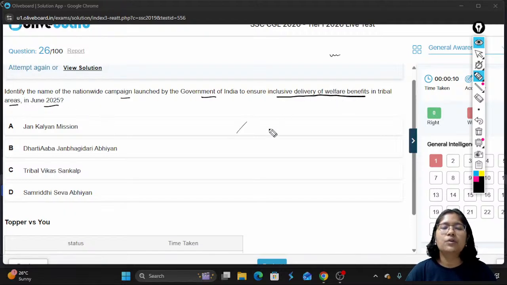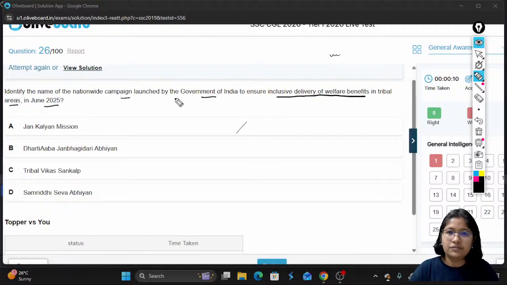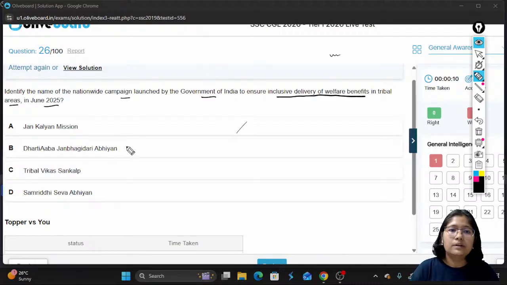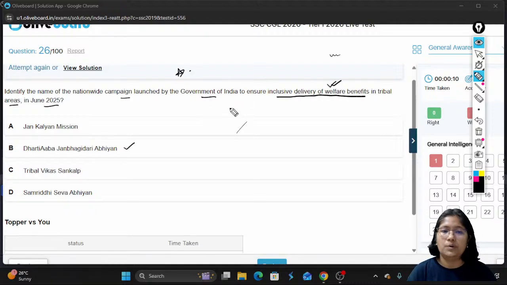Now, this is from the current affairs, and not just that, it is going to stay for a long term because this is India's one of the largest schemes related to tribal regions and welfare in the tribal areas. Since this is the largest in that respect, it becomes very important.